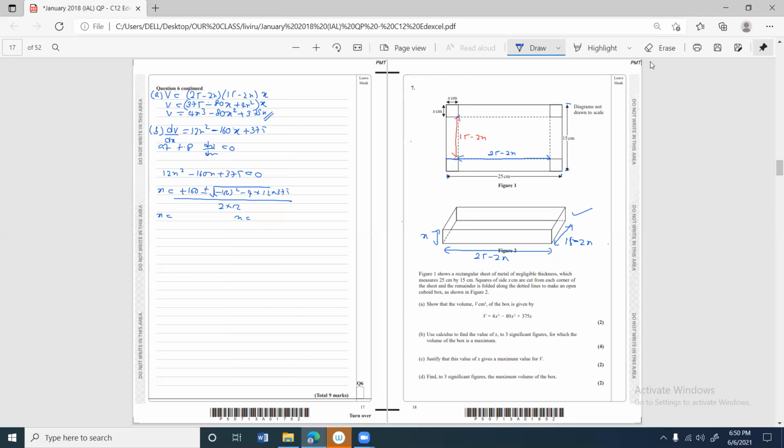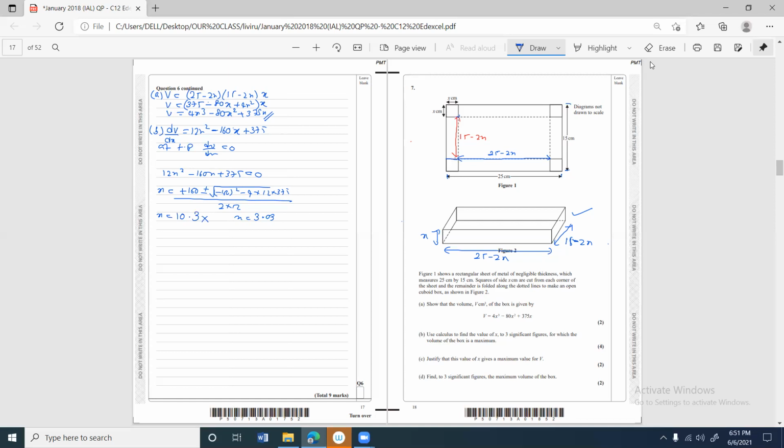You get two solutions, and they need the solutions to three significant figures. The first one is 10.3 and the other answer is 3.03. Now we need to verify whether both of them are reliable solutions. If x is 10.3, this side does not exist: 15 minus 2 times 10.3 becomes a negative answer, so this is not a possible situation.